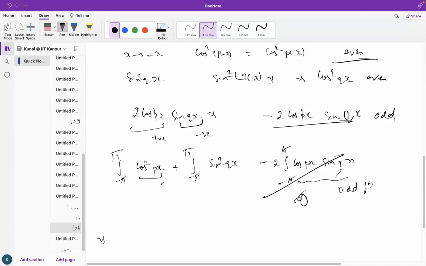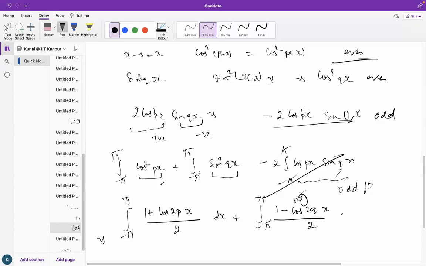Okay, so we can write this cos square px term as (1 plus cos 2px) divided by 2 dx. And we can write the sine square term as integral from minus pi to pi of (1 minus cos 2qx) by 2 dx.